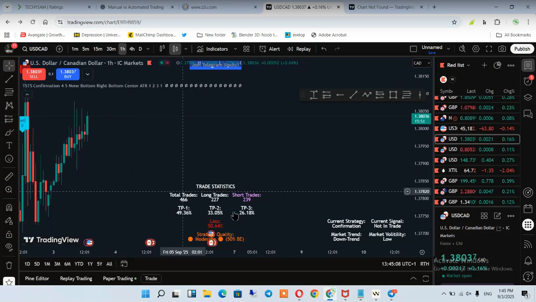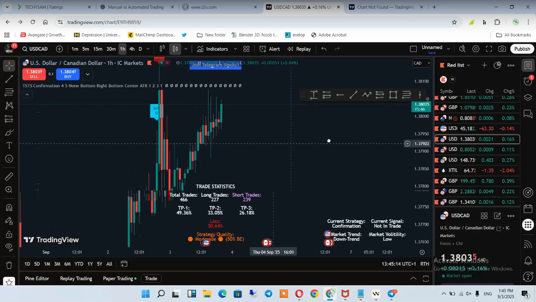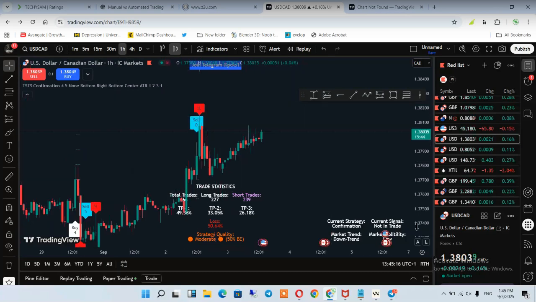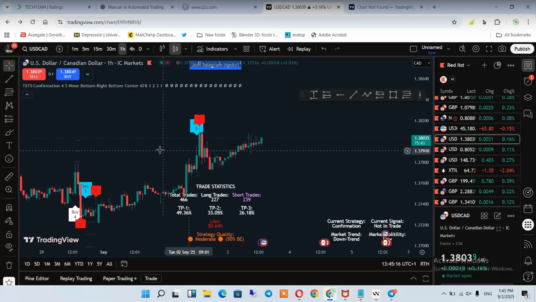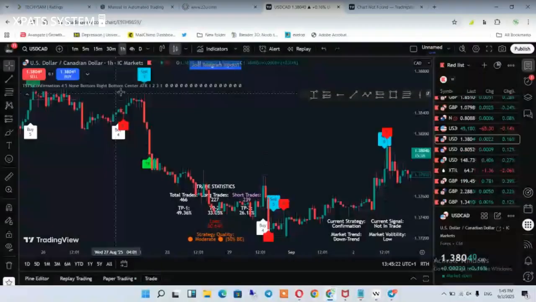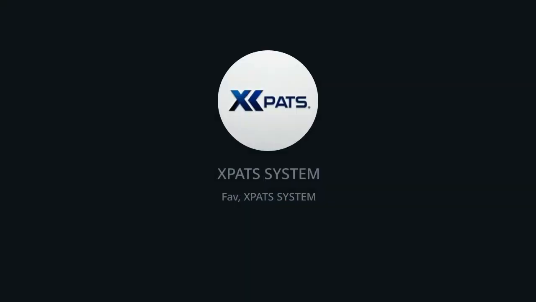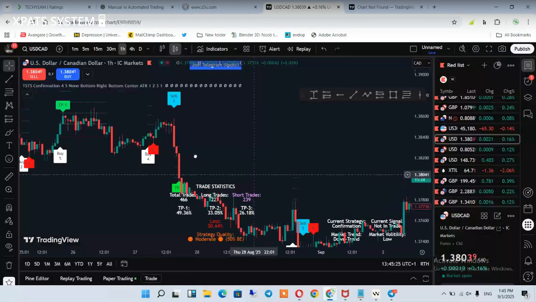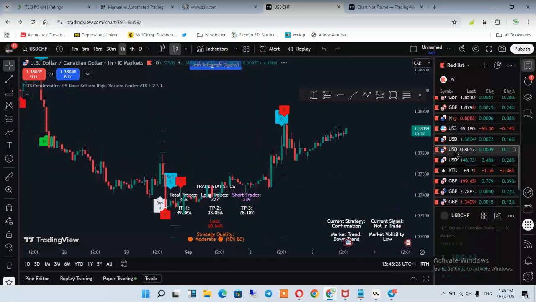So this USD card is not profitable, so I'm not going to take any trade from it. It's telling us that over the past 466 trades, we only managed to make profit on 49% of them, so it's not really profitable.